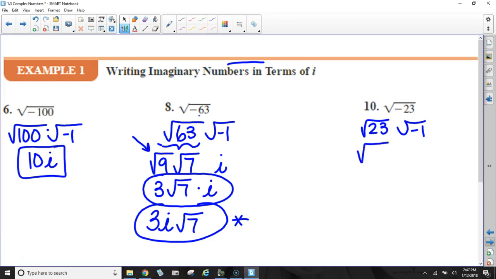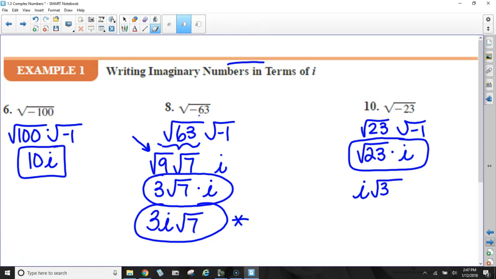So this would be the square root of 23 times i. That's okay. Perhaps a little bit better is i written first and then times the square root of 23. Either one of those two is fine.